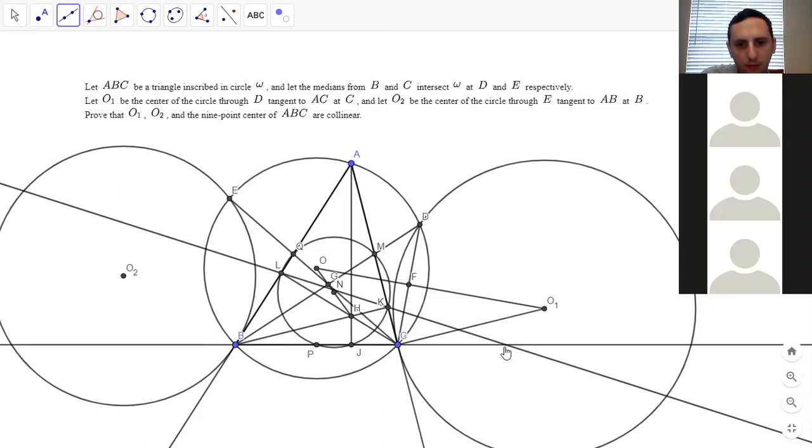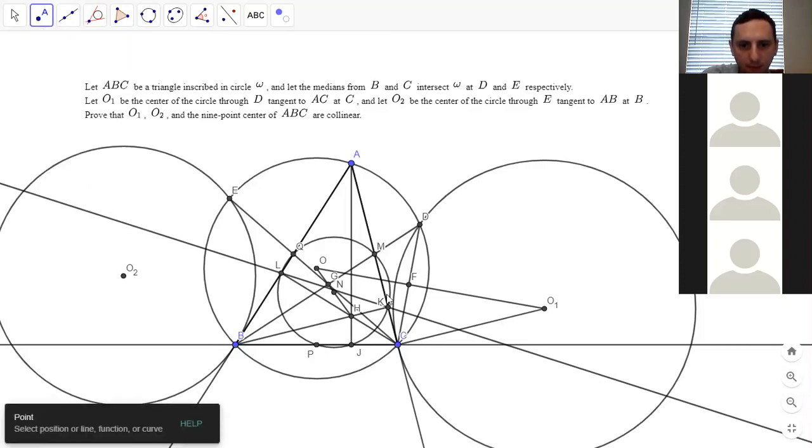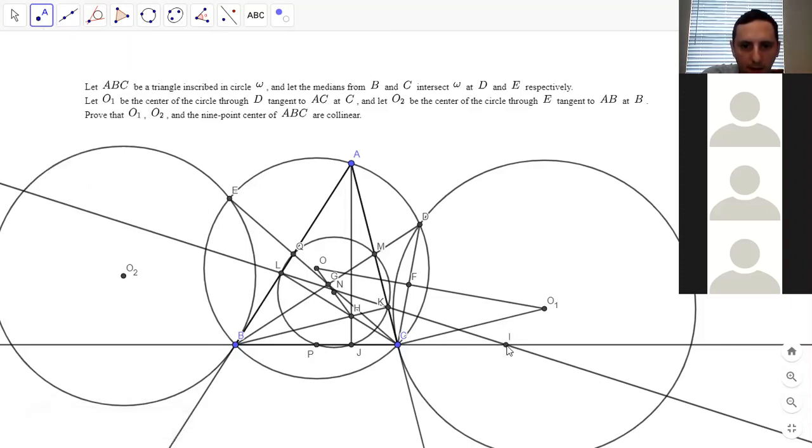What do you think about this? So then AI is perpendicular to PH. I don't think that does much.